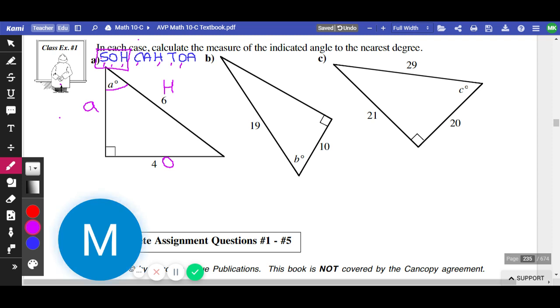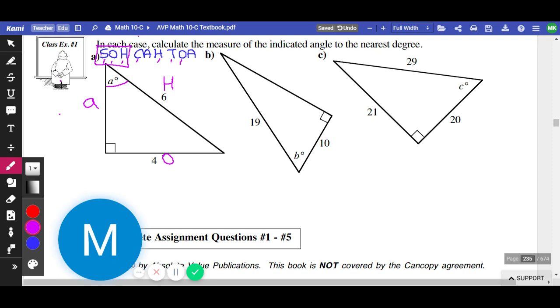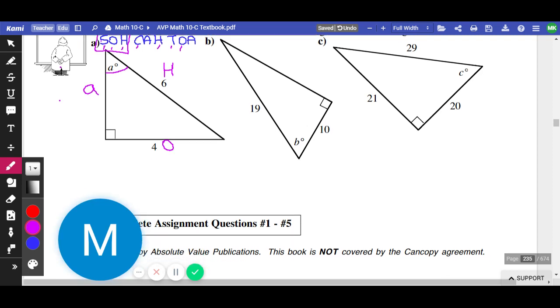Now that I know that's the ratio I want to use, I'm going to fill it out, and put any numbers in where they should be. So for this, I'm going to go sine of A, because I don't know the angle, equals opposite, which is 4, divided by hypotenuse, which is 6. Sine A equals 4 over 6.